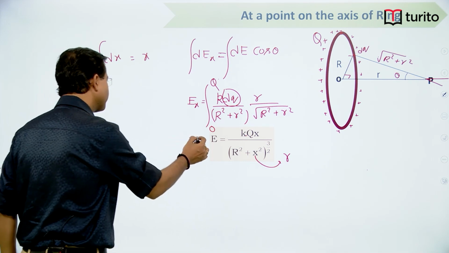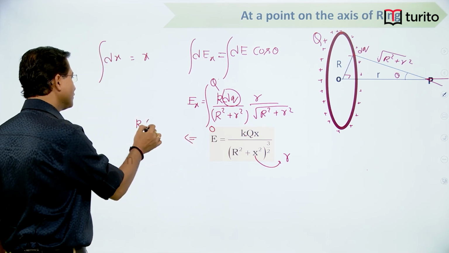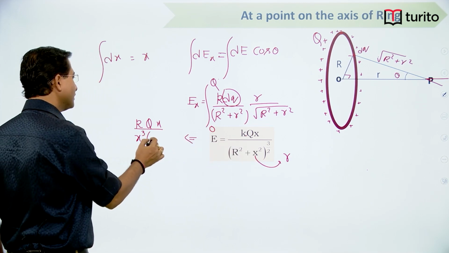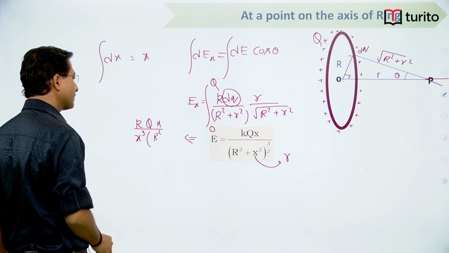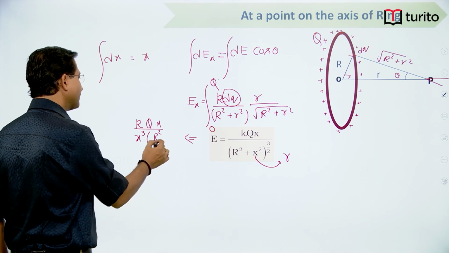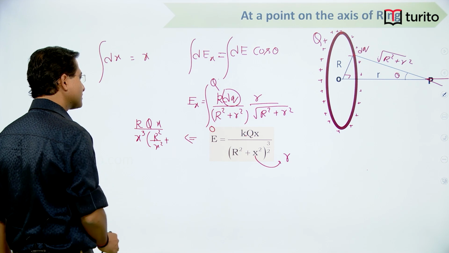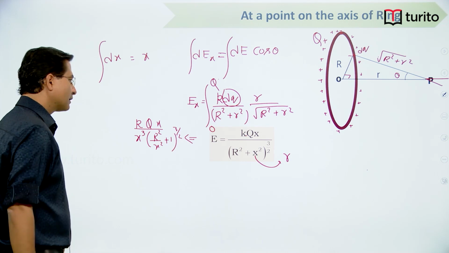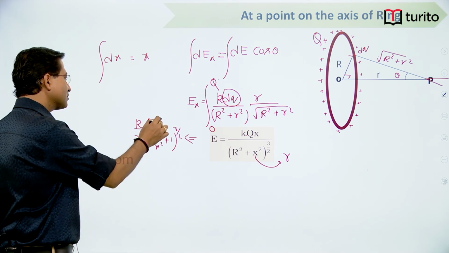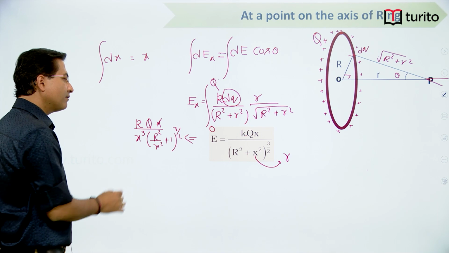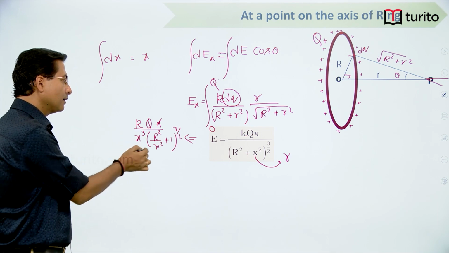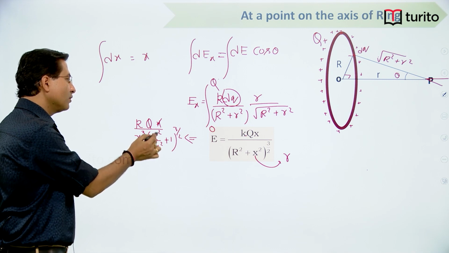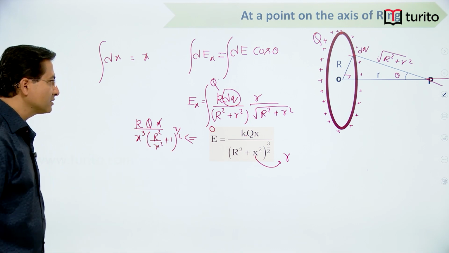So, this can be written as kq, this is x, if I take x square out, this will become x cube r square, right, divided by x square plus 1 to the power 3 by 2, right. This and this will get cancelled out, here x square will be there, and if x is tending to infinity, this term will be 0, this whole term will be tending to 0 again.